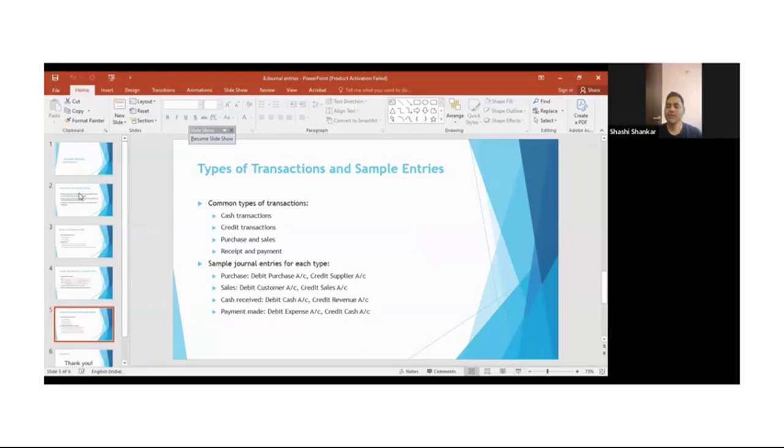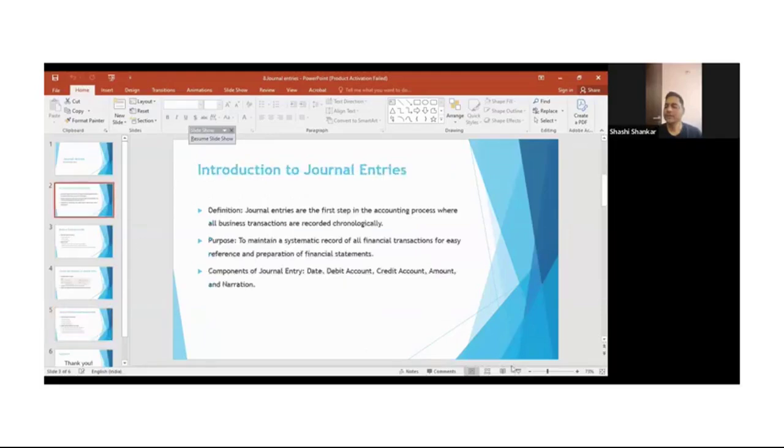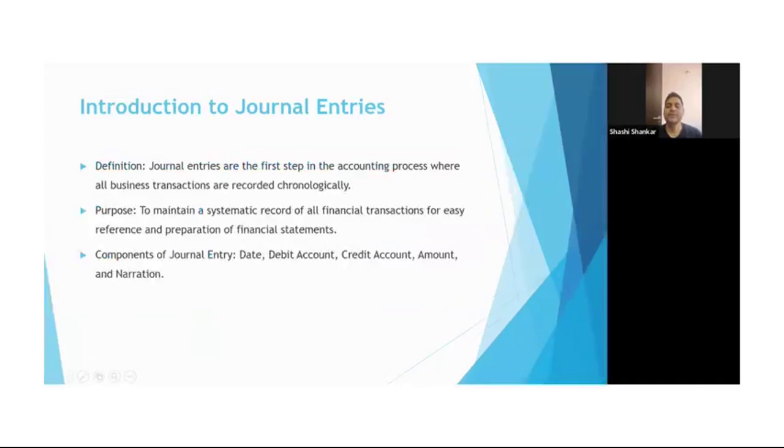All right. So just to begin with the introduction. What is general entries? As far as the definition is concerned, general entry is the first step in the accounting process where all business transactions are recorded chronologically. Chronologically means date wise.